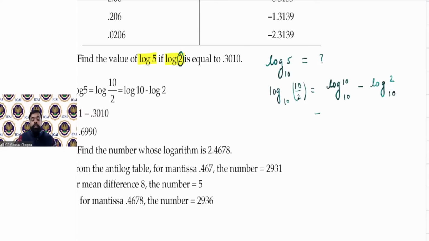Now log 10 base 10 is equal to 1, as we know. And what is the value of log 2? The value of log 2 is given, 0.3010. So 1 minus 0.3010, you will get 0.6990. This is your result.